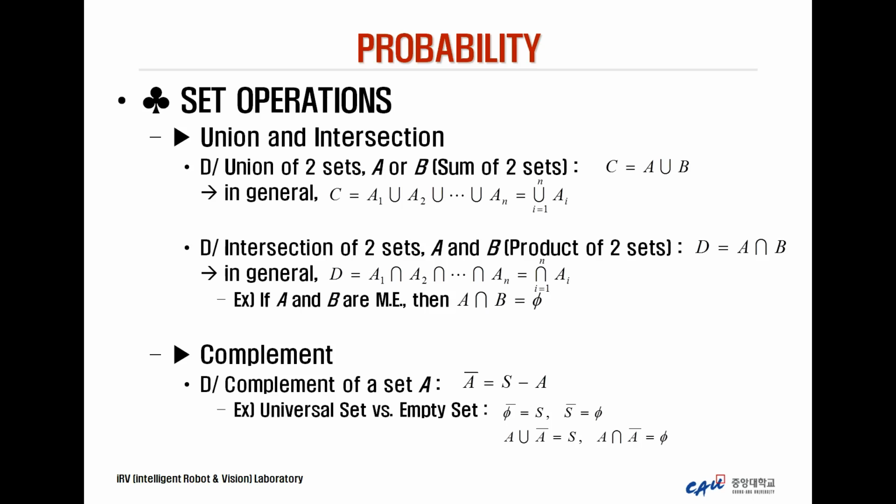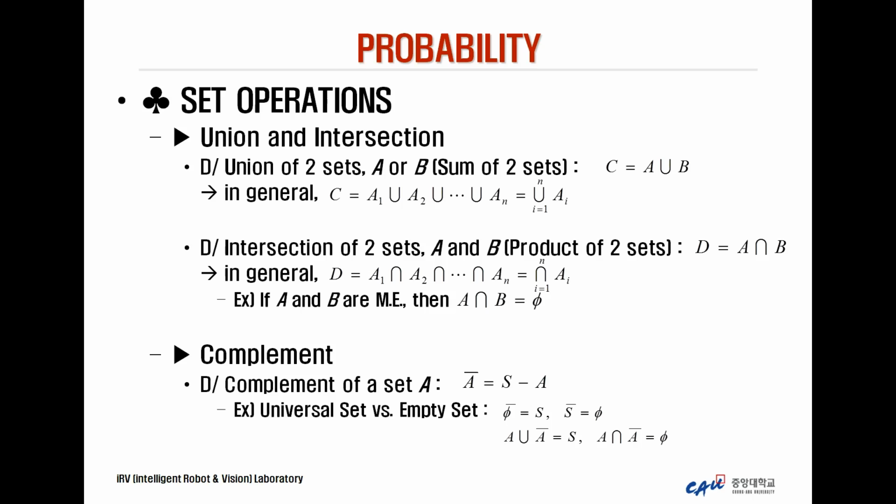In general, if you have n sets, then the union of n sets, using subscripts for A, our new set C equals A1 union A2 union, etc., union An, which is the big union from i equals 1 to n of A subscript i.